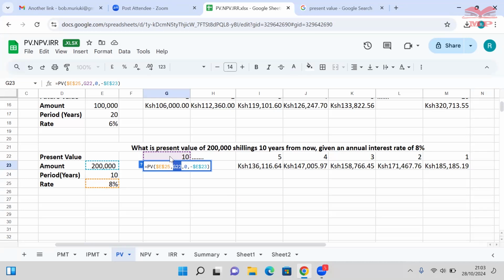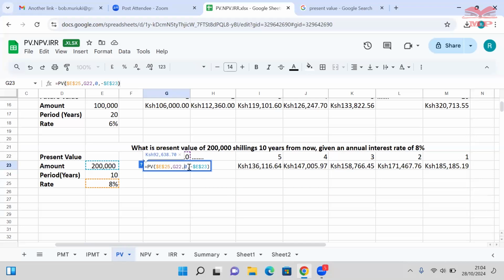No, sorry, G22 is this. It is the period, that will be the NPER, the payment period. So remember, like when we were calculating IPMT, there is a payment period. If we were talking about 12 months, each of those months was the payment period. So this is the 10th year. It is what goes here, like which year are you referring to? The G22.